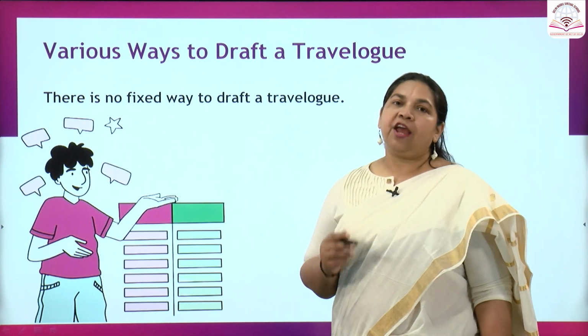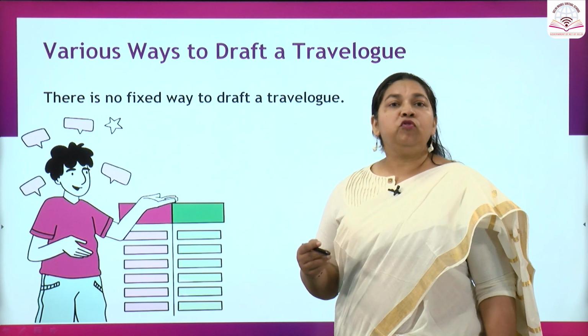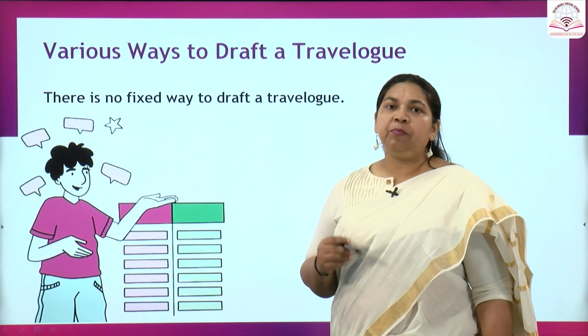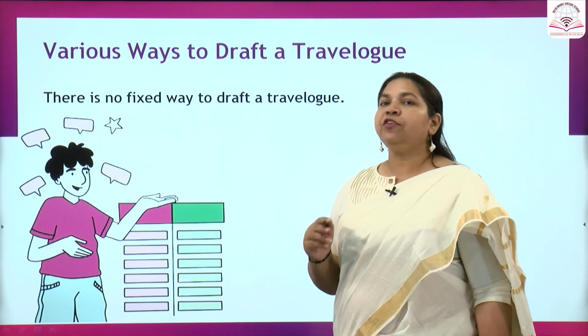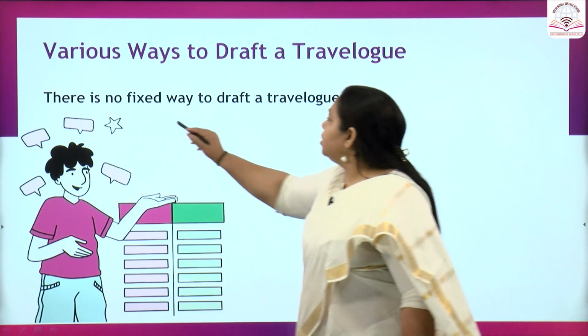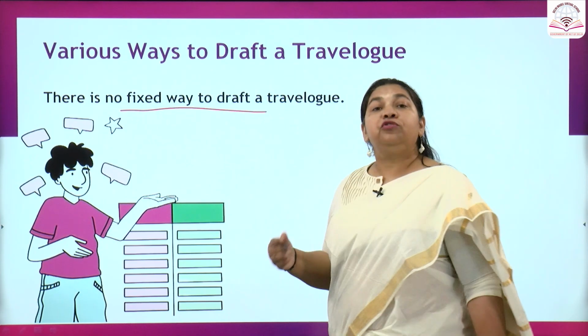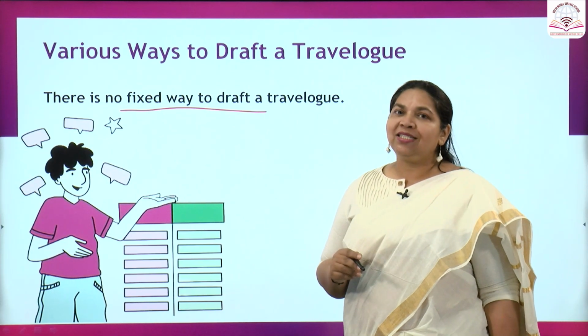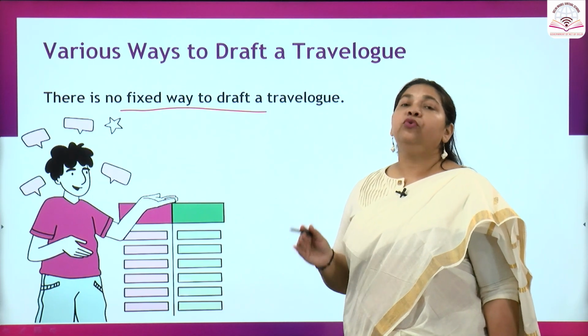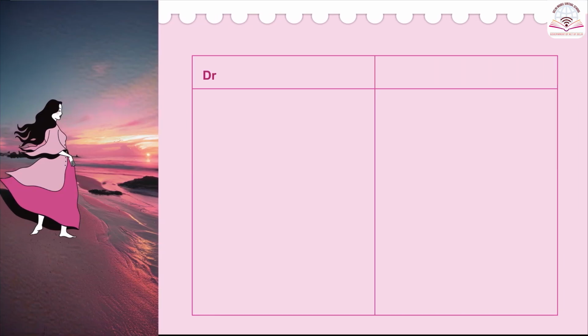After seeing the graphic organizer, let's move to the next step of the process, that is draft. How to draft a travelogue? Now there is no fixed way to draft a travelogue, and as you are new to this process, let's see a few drafts here. In draft 1, we'll begin with the introduction.